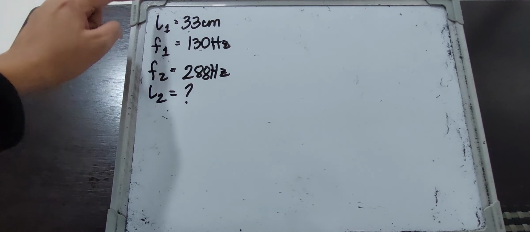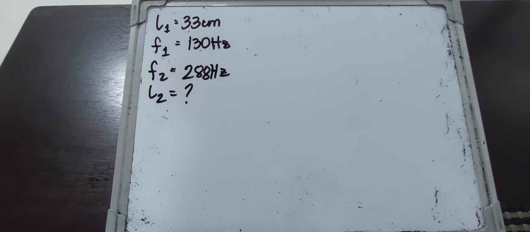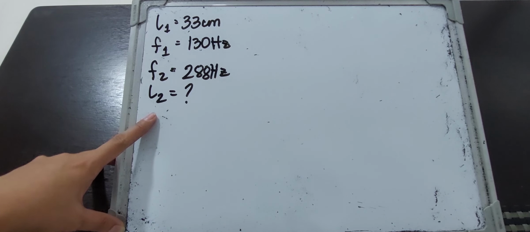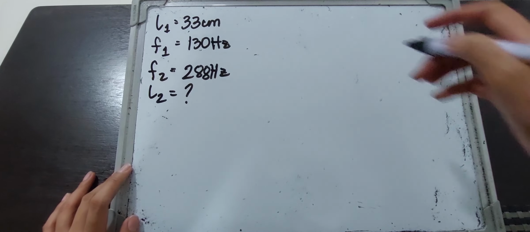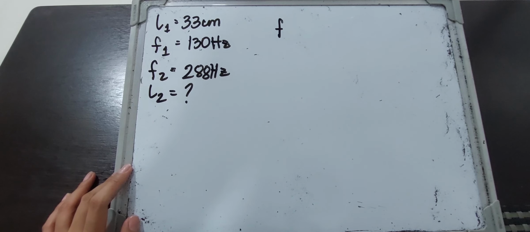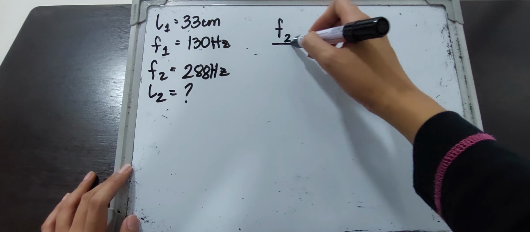Since we have f and L, we can use the first factor, which is frequency is inversely proportional with length. Sabi dyan, frequency is inversely proportional with length. So, pabaligtad. Yung isa tumaas, yung isa bababa.